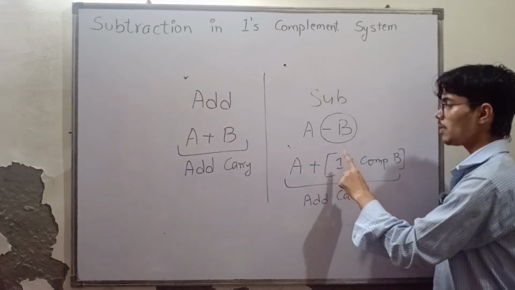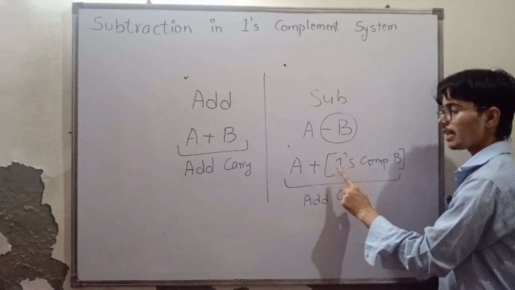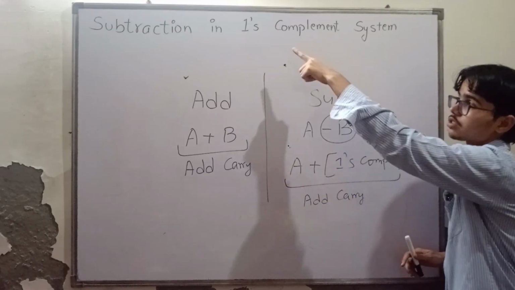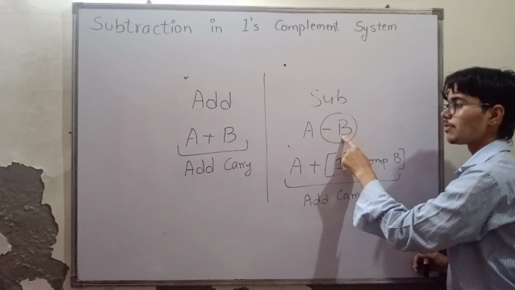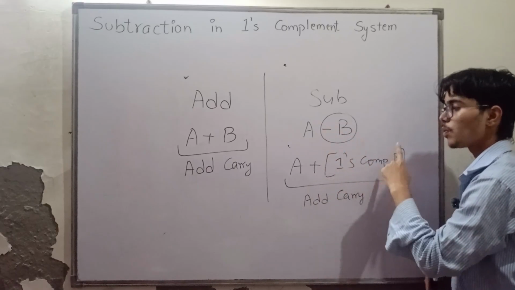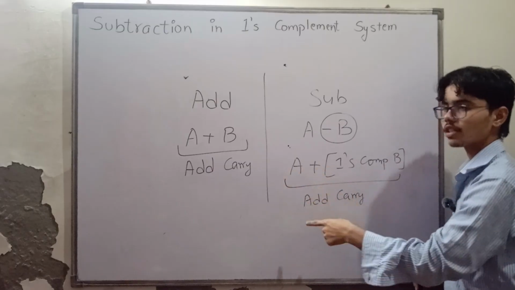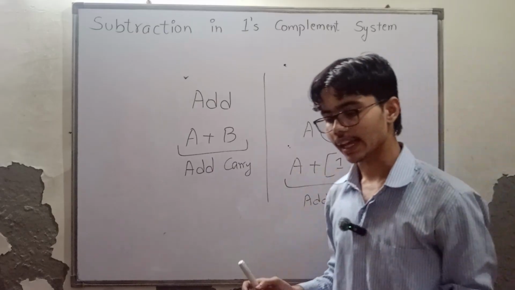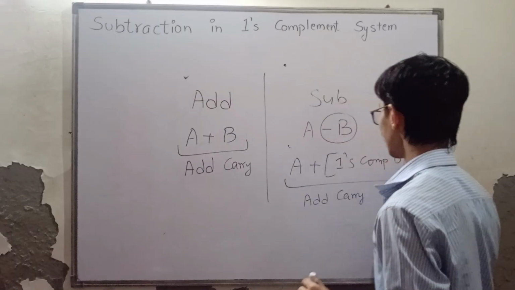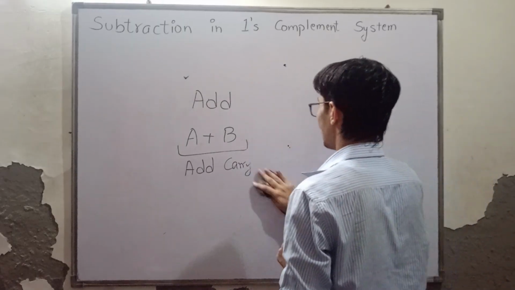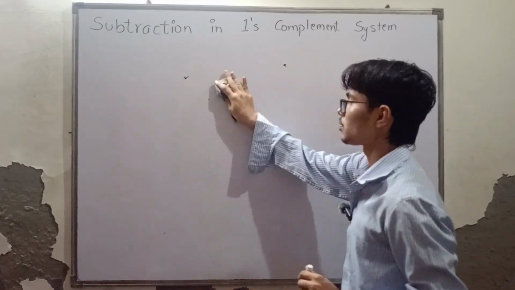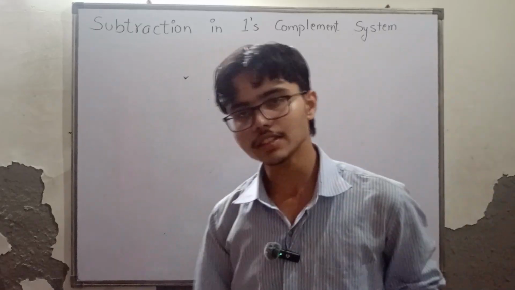In 1's complement form, for the variable with the minus sign we take the 1's complement, and if a carry is generated in the addition, we add the carry. Simple stuff.